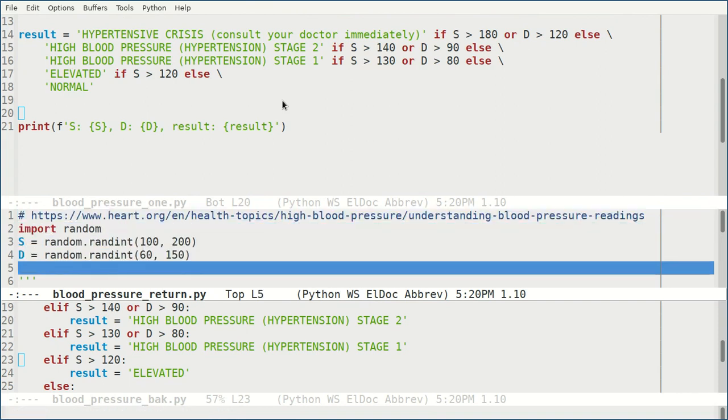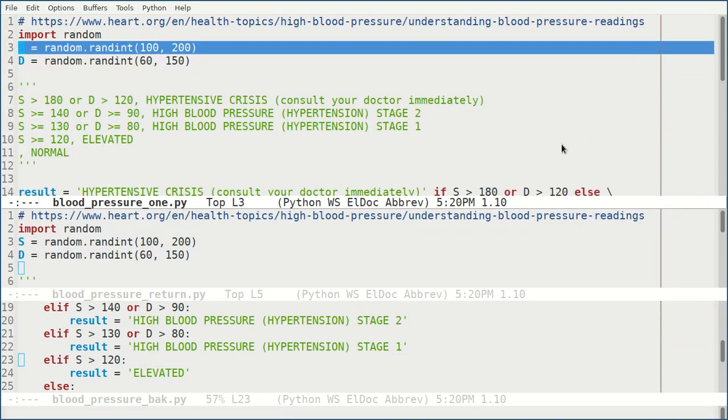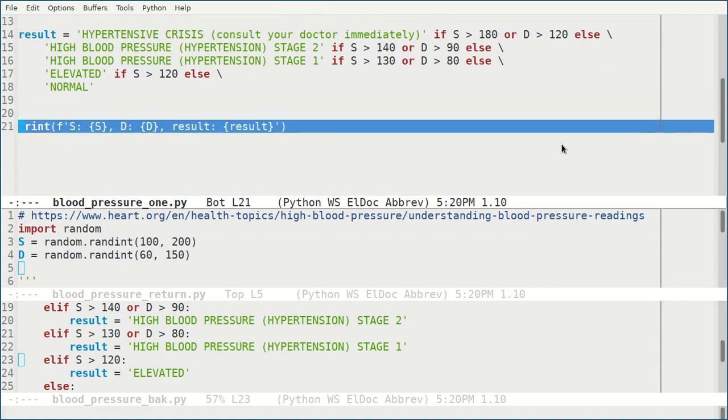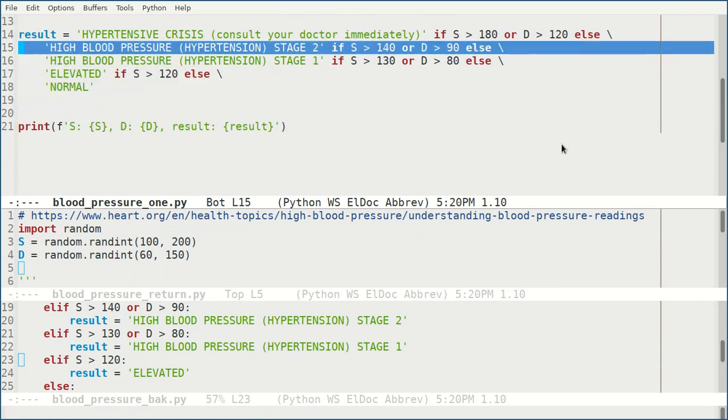So you have three versions. One is the one liner here, only one line, and two lines, that will be the result.